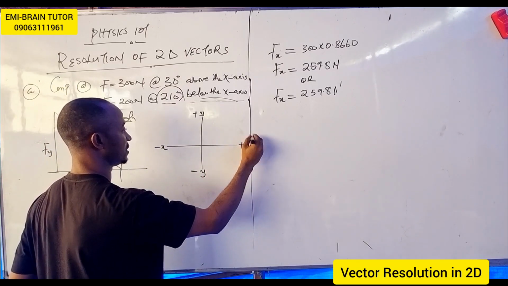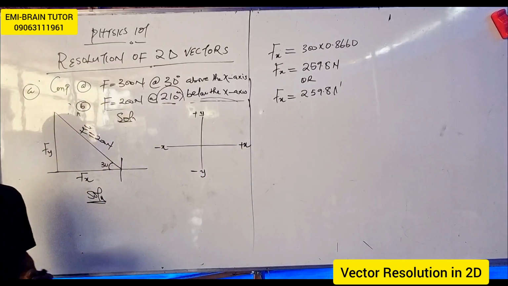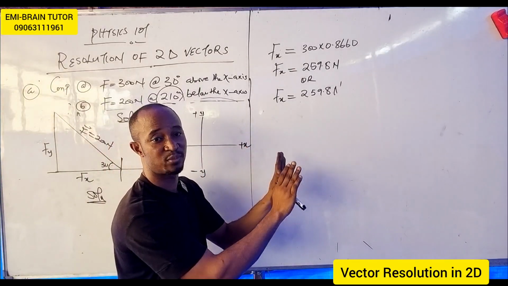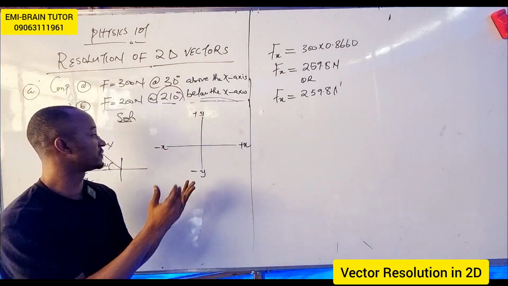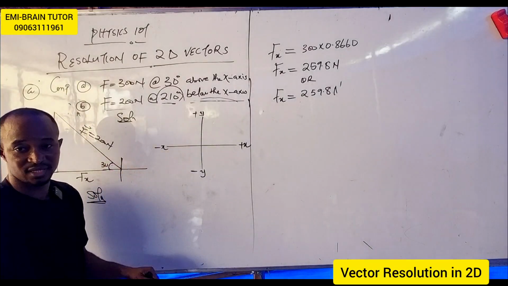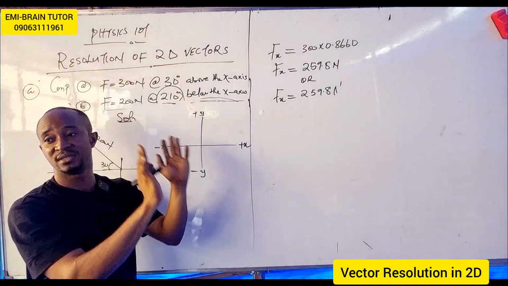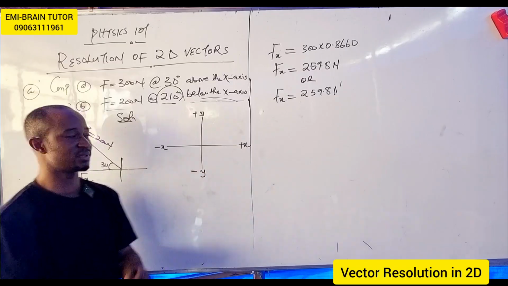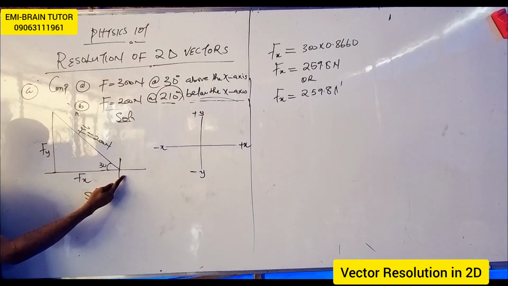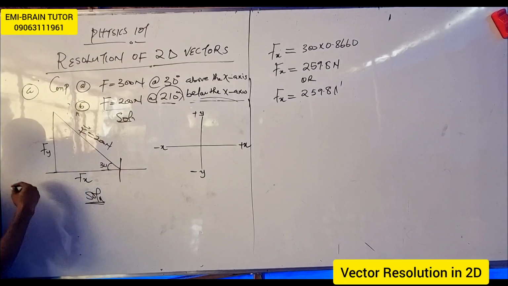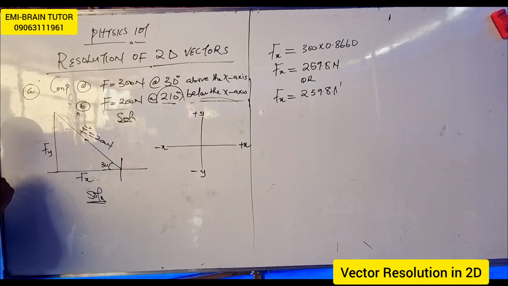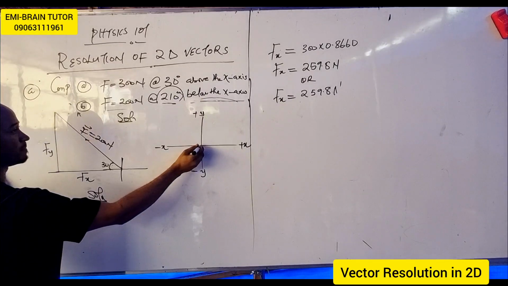Plus x. It means that whenever your force falls on this side, it is positive. Whenever your force falls here, it is negative. Are you getting the concept? Now look at it here. Where is our force? This force is somewhere here.